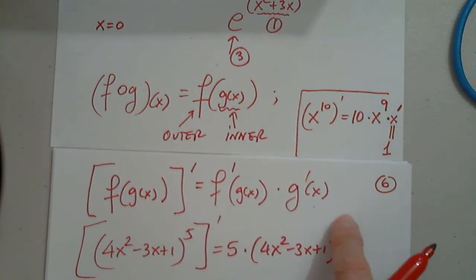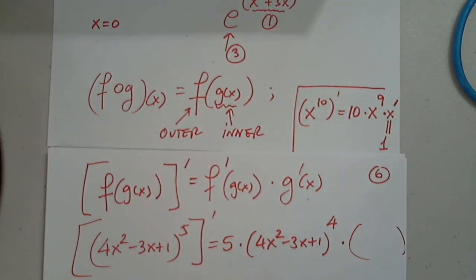Now times the inner function prime. Can anyone give us the inner function prime? And that's it. 8x minus 3. 8x minus 3. Thank you very much. That's it. And that's the chain rule.